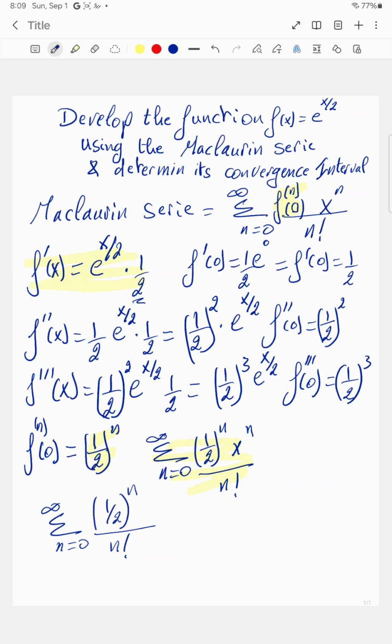So looking at this, I realize that this is the Taylor series for the exponential function, and it converges for all x belonging to R, the real numbers.